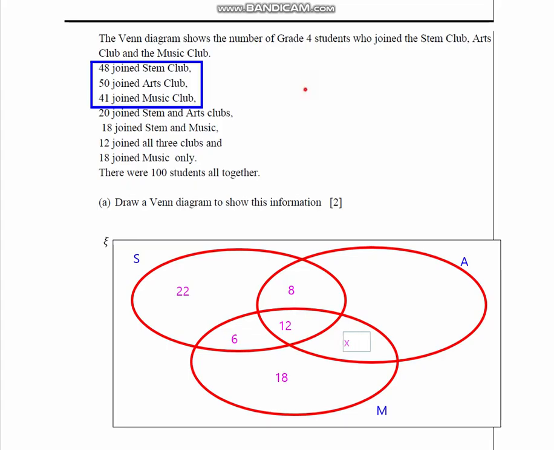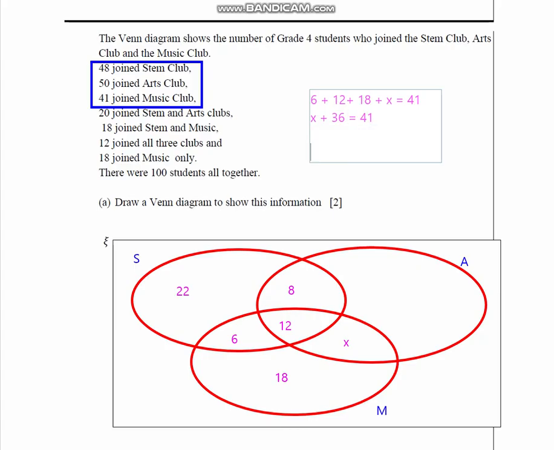So 6 plus 12 plus 18 plus x should give you the total of students choosing music, which is 41. So x plus 12 plus 18, that's 30, plus 6, that's 36, is equal to 41.